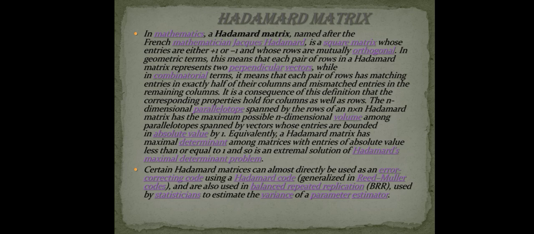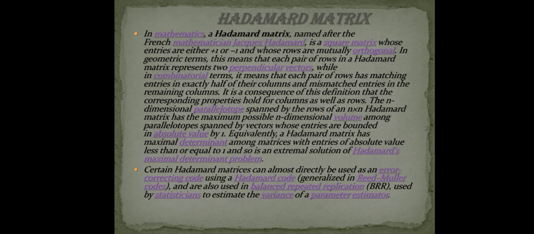It is a consequence of this definition that the corresponding properties hold for columns as well as rows. The n-dimensional parallelotope spanned by the rows of an n by n Hadamard matrix has the maximum possible n-dimensional volume among parallelotopes spanned by vectors whose entries are bounded in absolute value by 1.